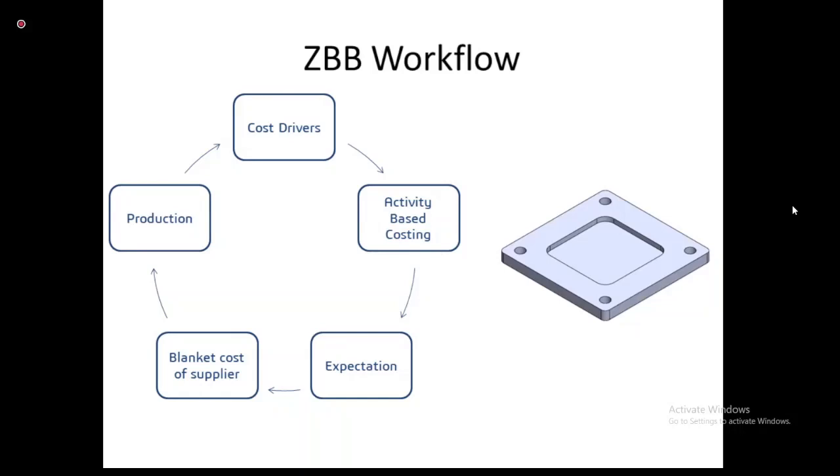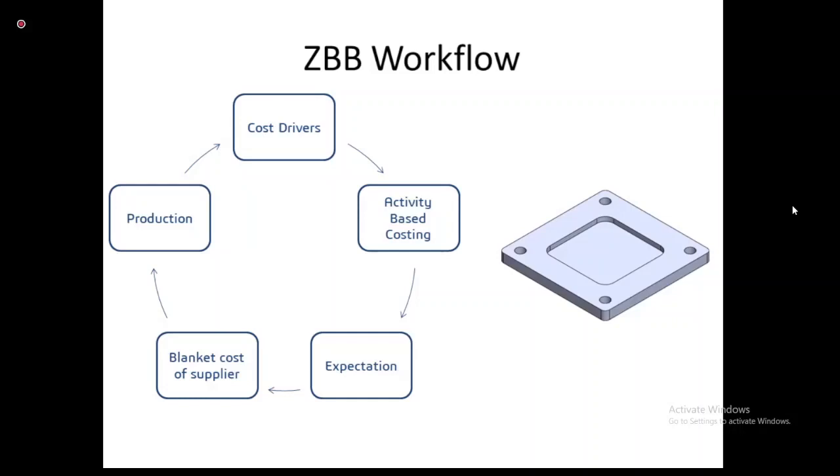ZBB is detail oriented in nature. Whenever we are working in ZBB, we have to go in depth into the expenses of the product. As you can see on the screen, this is a component. When we wanted to reduce the cost of this product, we went into the depth of every activity of this product.